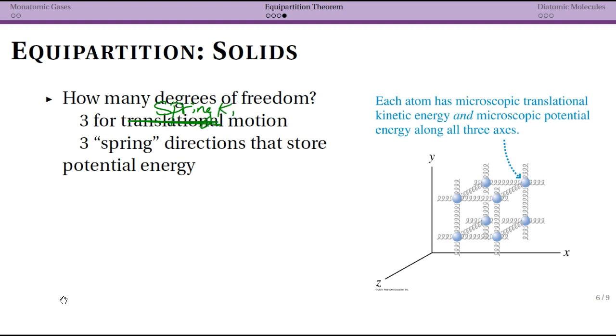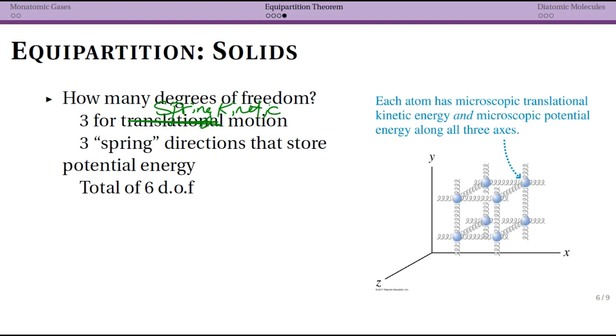That would be a better phrasing of this. So we have 3 directions of spring kinetic energy, right? Because each of these has the ability to boing up and down in y, x, and then z. But then we also have 3 spring directions that are also storing potential energy. So that's a total of 6 degrees of freedom for our solid.